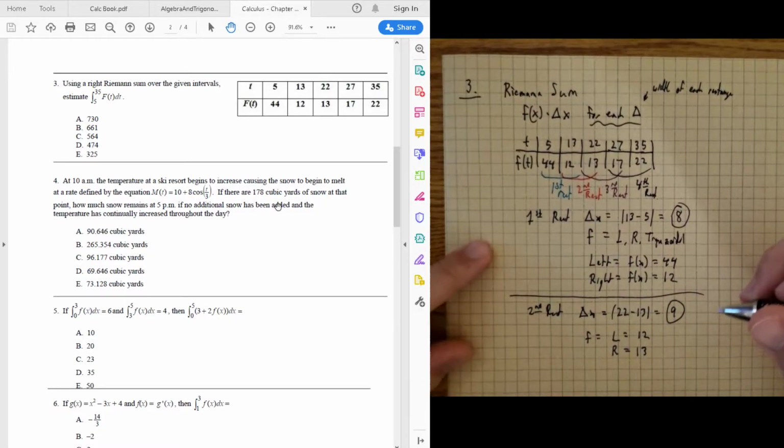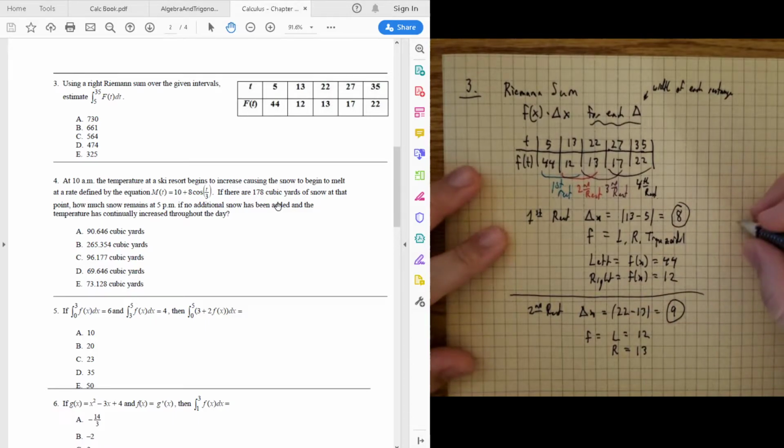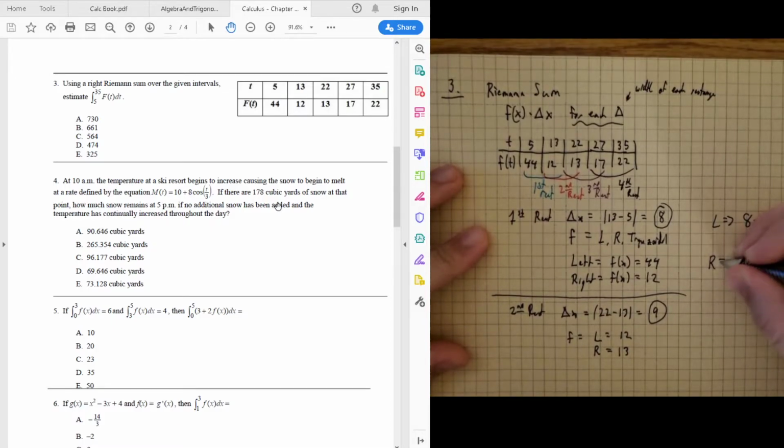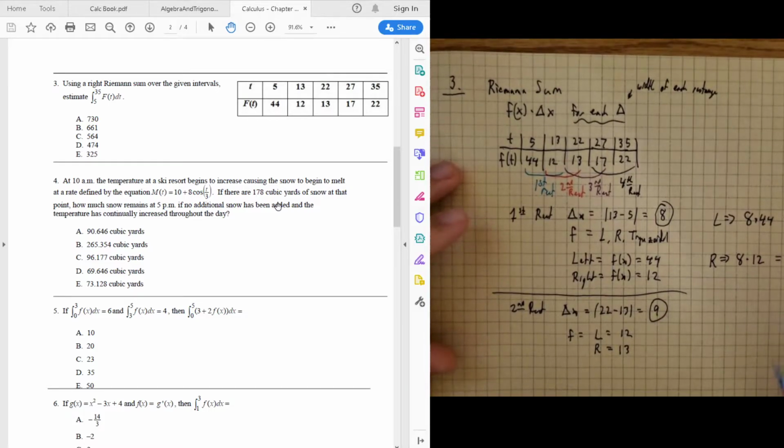So if the question said, hey, find the area of the first rectangle, if it said left, we would do 8 times 44 and get an answer. This would be the left Riemann sum. If it said the right, we would take 8 times 12 to get the right Riemann sum.